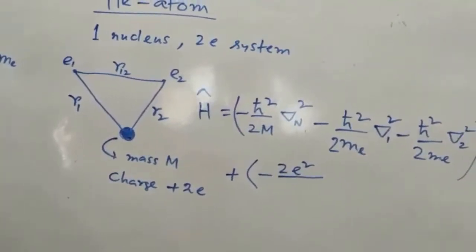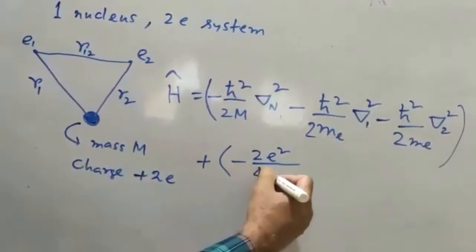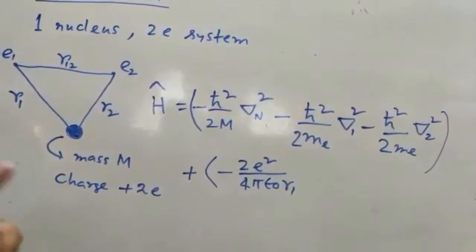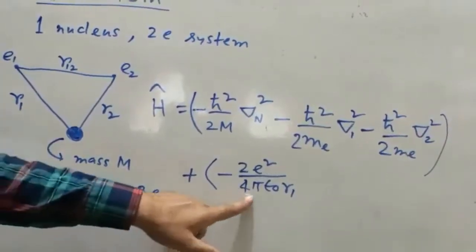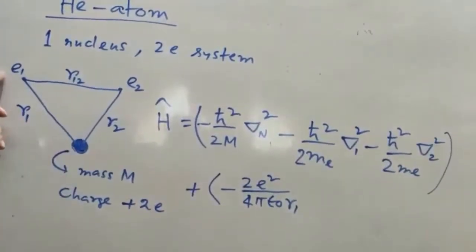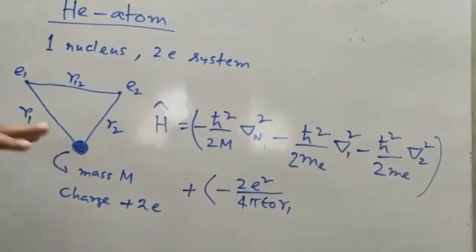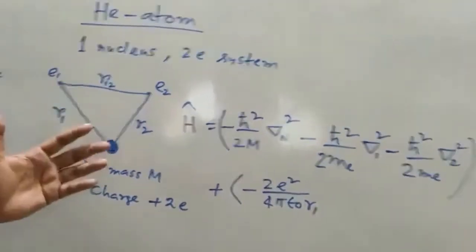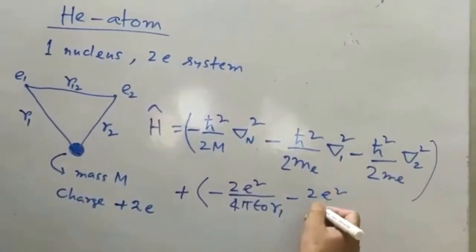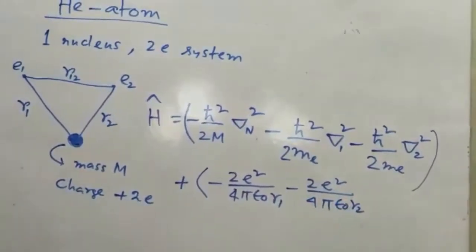So it gives minus 2e square by 4 pi epsilon 0 r1. This is for electron 1. This is the potential energy for the interaction between the nucleus and electron 1. And now we write the interaction between the nucleus and electron 2, which is also attractive in nature. So it also gives minus 2e square by 4 pi epsilon 0 r2.